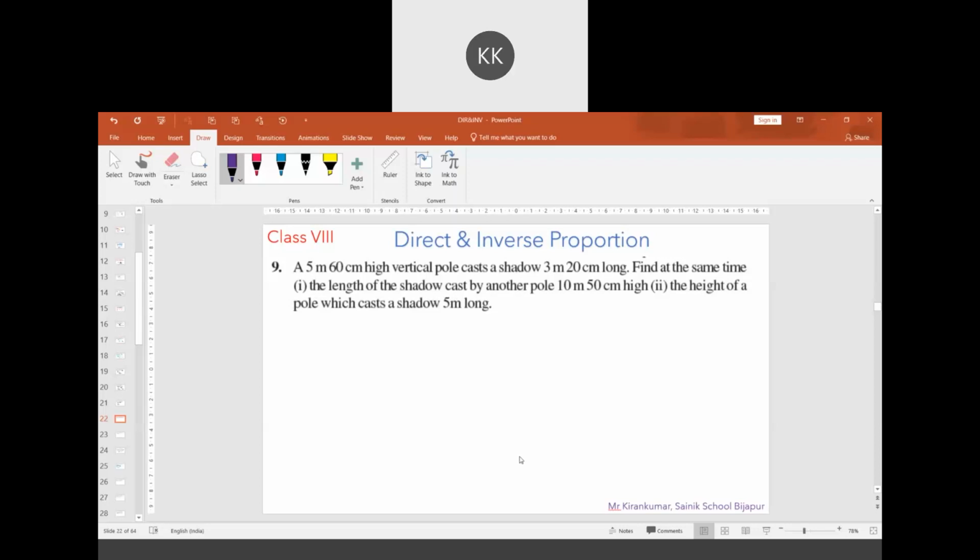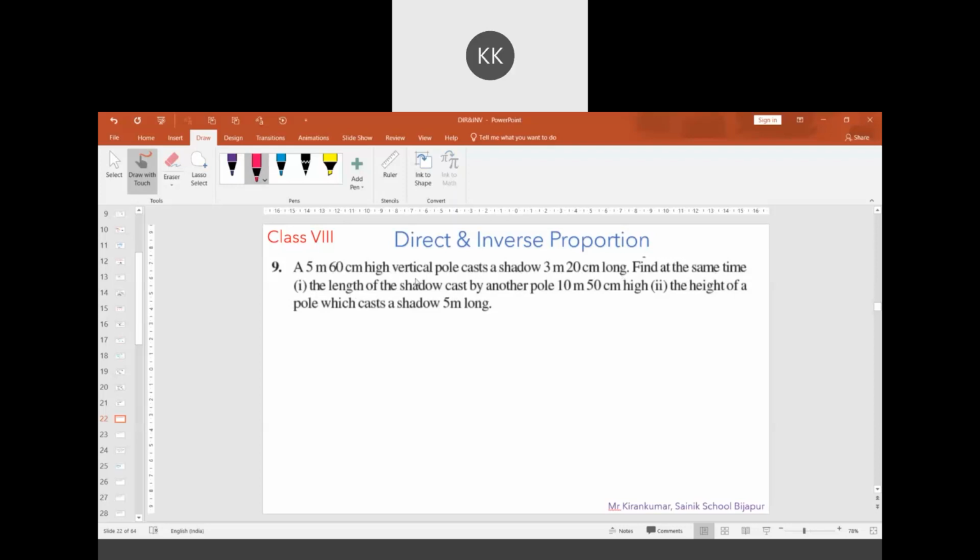Once again, there's a question related to the length of a pole and the shadow. There are two sub questions here. So let's try making the tabular column for this. A 5 meter 60 centimeter high vertical pole casts a shadow 3 meter 20 centimeter long.